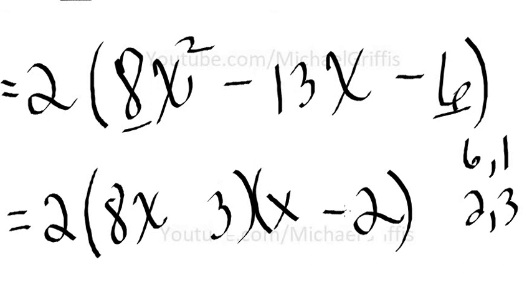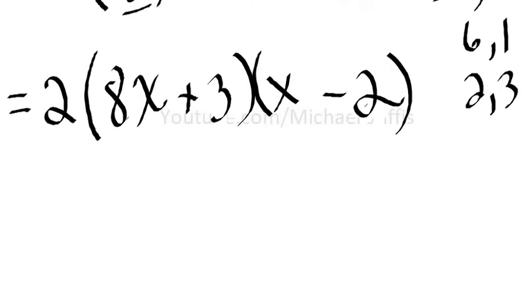Whoa. Let's see. 8 and 2 is 16. Yes. Negative 16 plus 3 is negative 13, and 3 times negative 2 is negative 6. That's it. We only had one other possibility, and that was flipping the 2 and the 3 around. But whew, glad that's done.